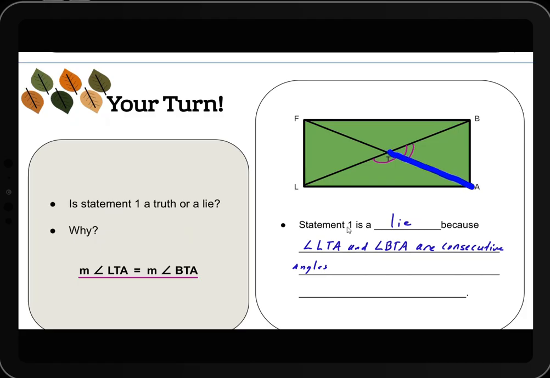So they're consecutive because they're next to each other. The other thing that you have to consider is that consecutive angles are supposed to be supplementary. Consecutive angles are supplementary. But they're not always congruent.